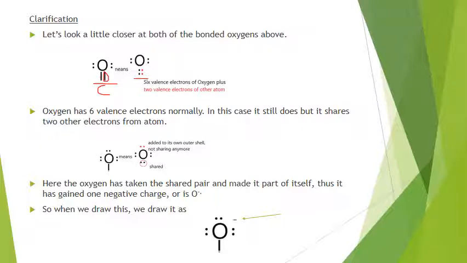Oxygen has 6 electrons normally. But if you look at this case now, the oxygen has sort of gained an electron. So no longer does one of these electrons belong to carbon, now it belongs to oxygen. And so oxygen now has a negative charge because it's taken one of these electrons.